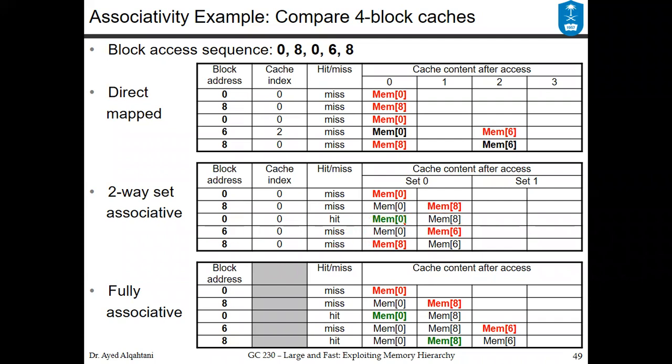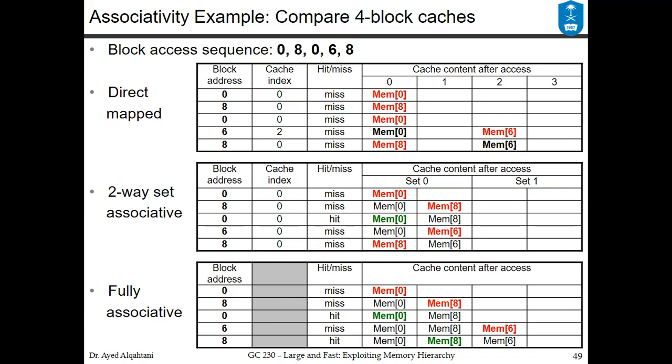The obvious or logical choice is the least recently used. We just used 0 in the previous access, and because of this, we should take out the 8. So we took out the 8, and in place of that, we put the content of the address block 6.